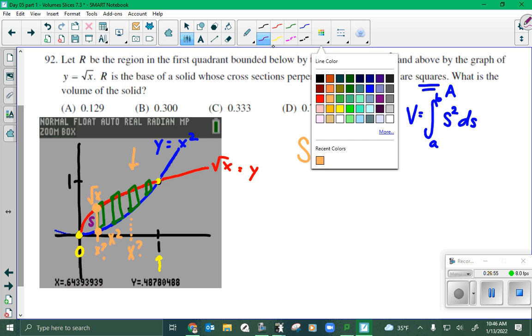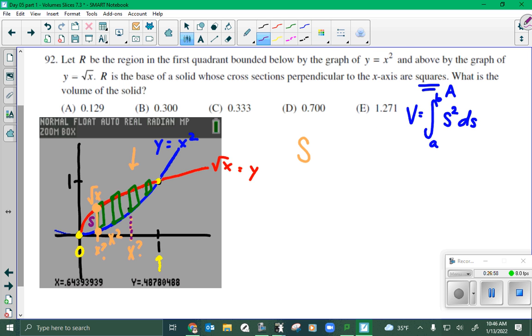Let's go purple. Whatever this x value is right here, I take the square root of that x value here, and right here I just square that, and I just subtract them, and that gives me this distance. Okay, so for every square, my side is the square root of that x minus squaring that x. This is going in for my side.